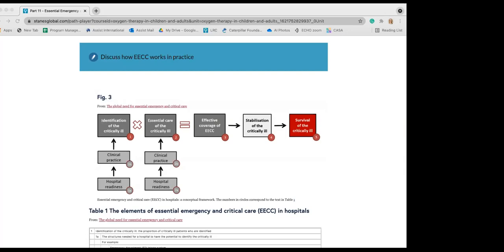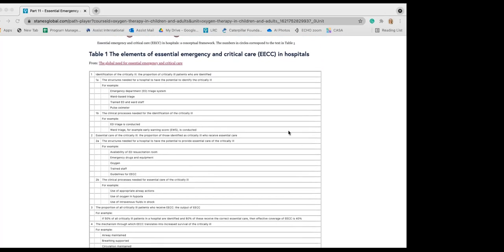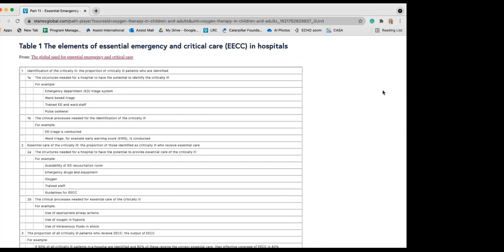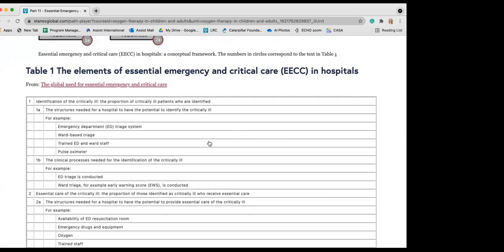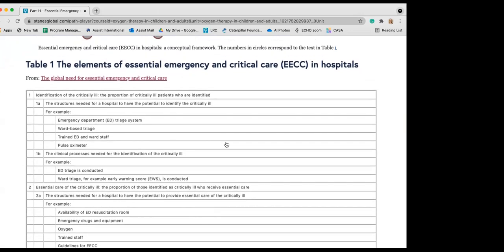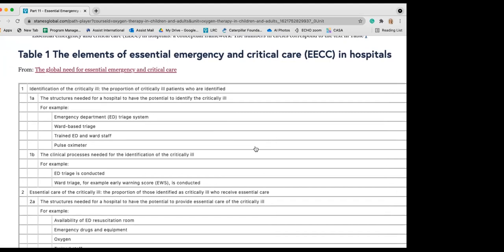Let's go down on this table and see some examples of essential emergency and critical care in hospitals. We will not go into all the details, but as you can see, we need a structure at the hospital level to be able to identify a critically ill patient.